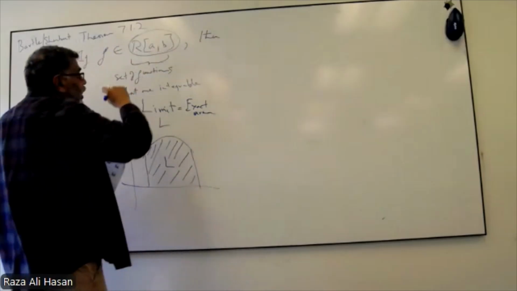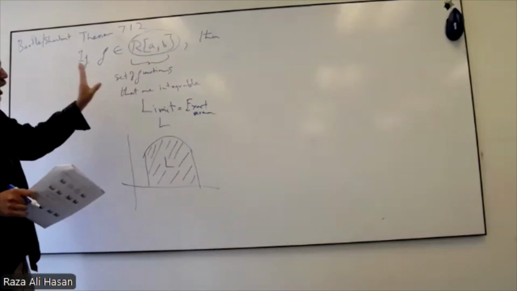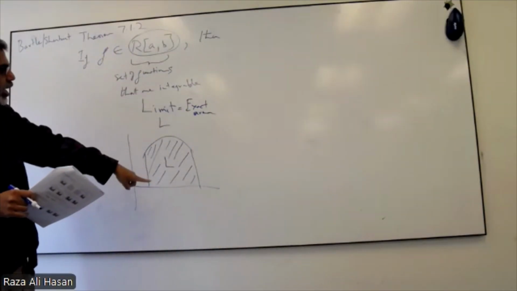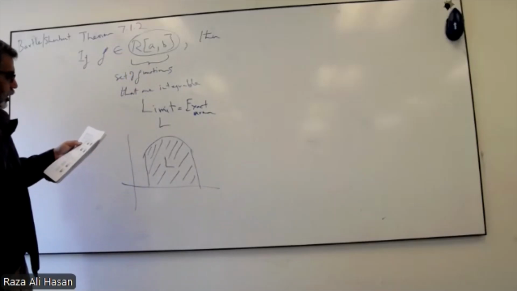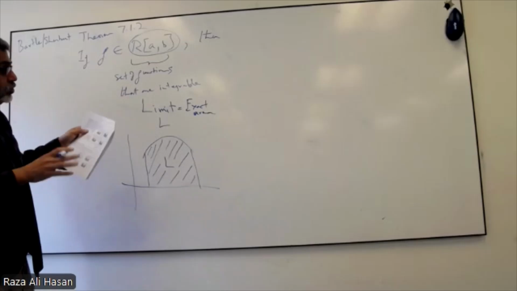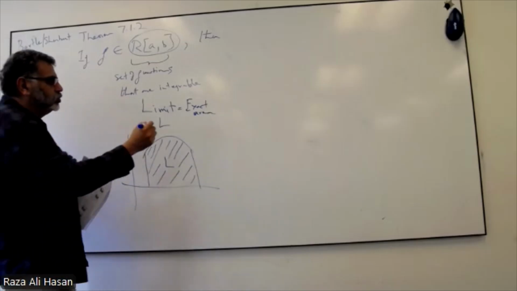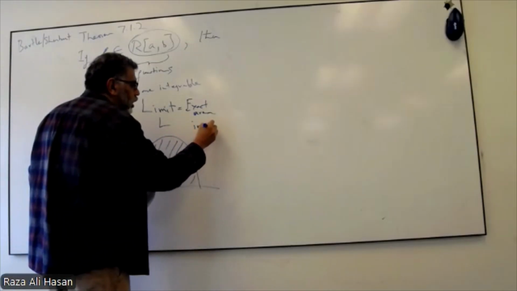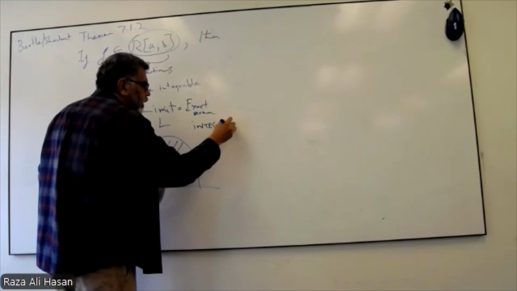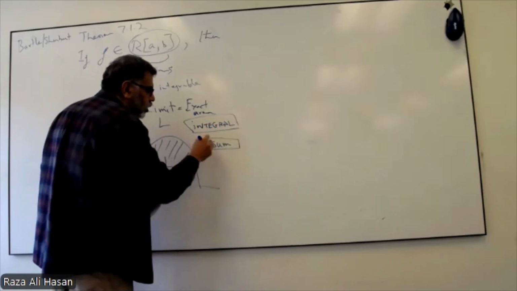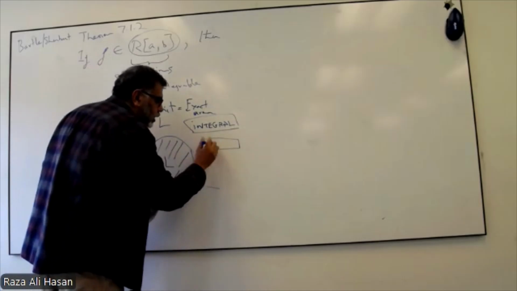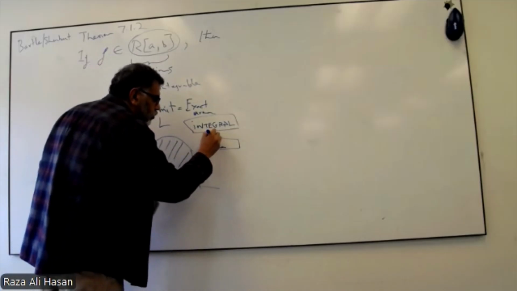Then, if this is the case, if we can integrate the region under it and figure out its area, we call that the limit. The limit is the integral. And integral is what? The sum of all the rectangles, or the integral gives us the area.